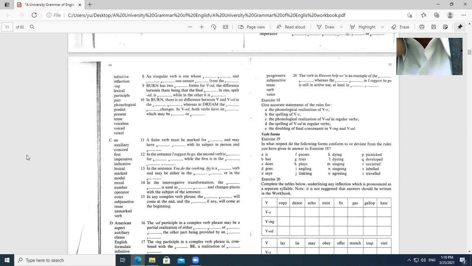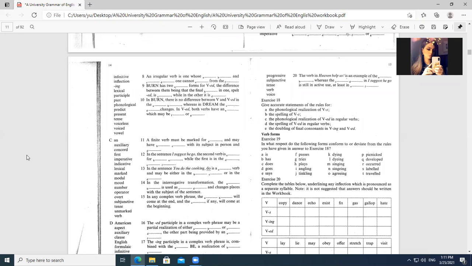Correct. So an irregular verb is one whose past tense and past participle one cannot predict from the base. Next.